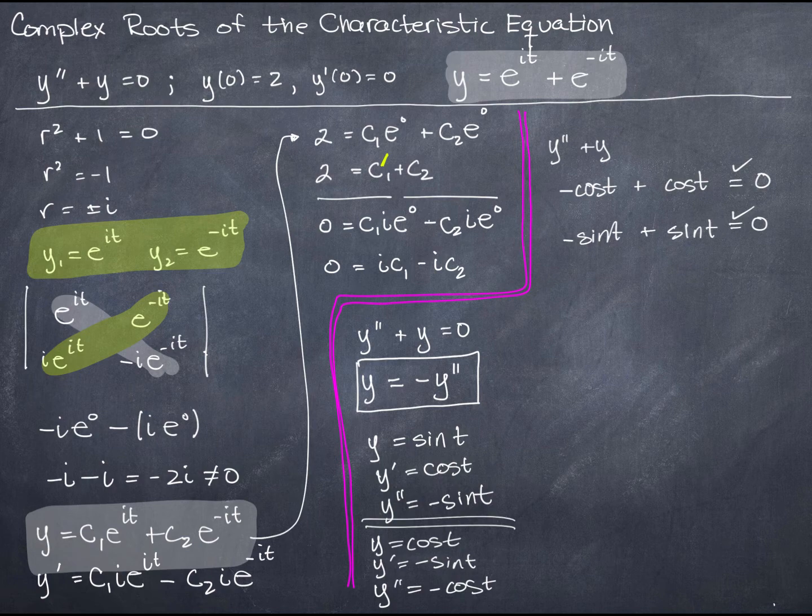Now, for historical reasons, we're going to use the cosine version of this. What we're going to do now is describe some experimentation that Leonhard Euler did in the 1700s to come up with a different way to write e to a complex power, or e to an imaginary power anyway.